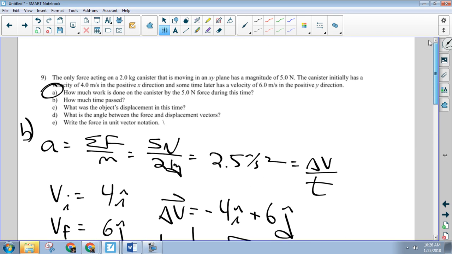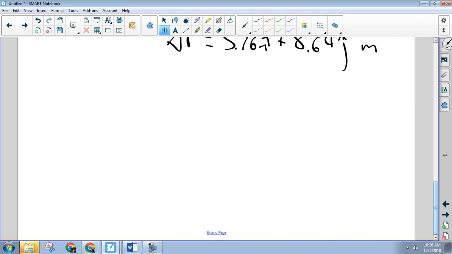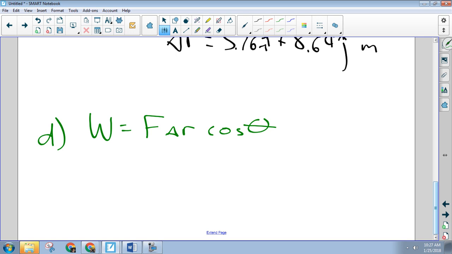Part C, we just did. Part D, now we can find the angle. And I'm going to do the exact same thing I just did. For part D, I know that the work is equal to the force times the displacement times the cosine of the angle. So we figured out our work. It was 20 joules. The force was, is it 5 newtons? Yes.